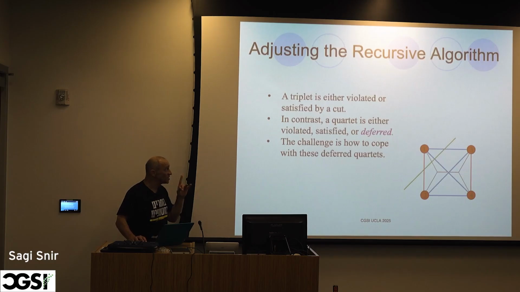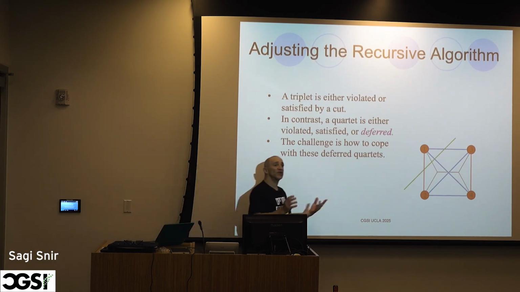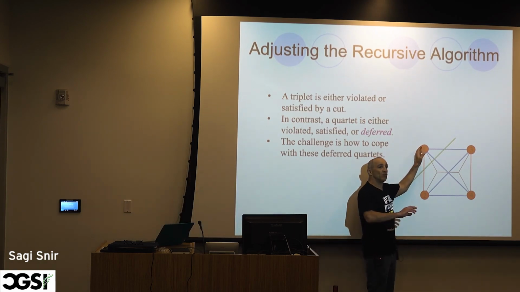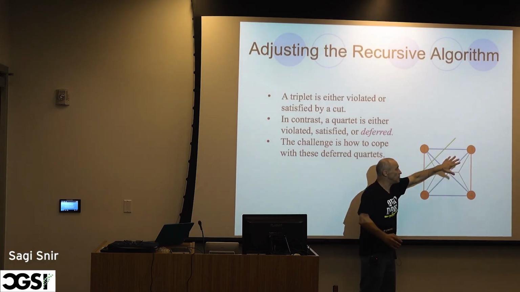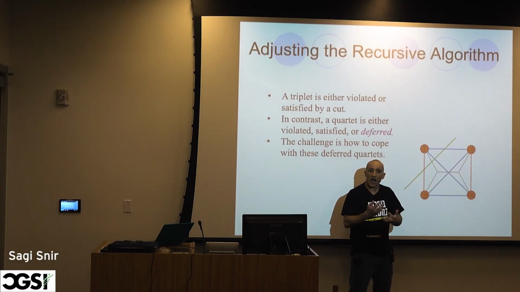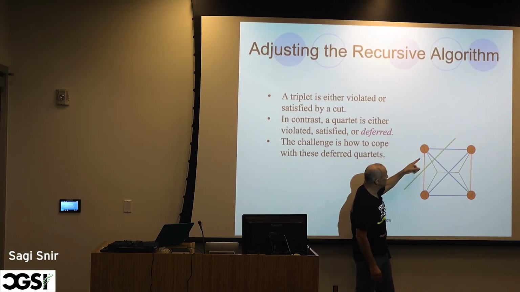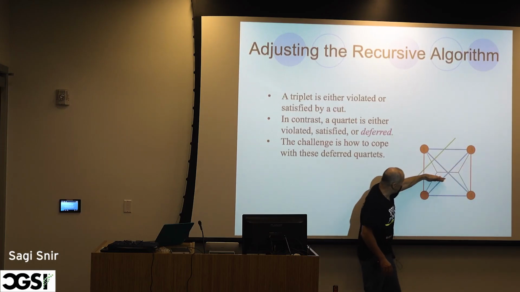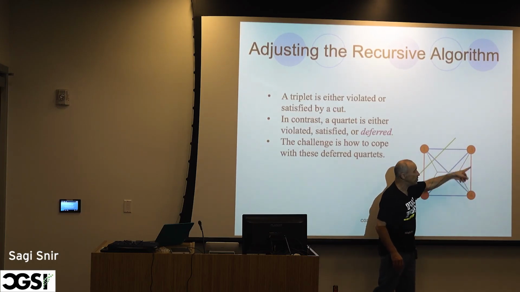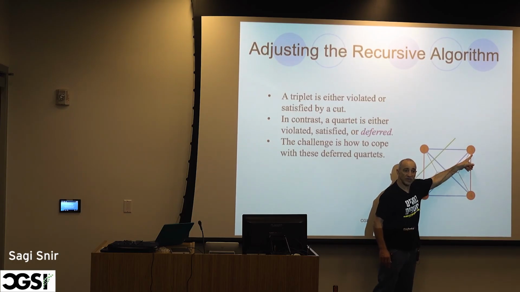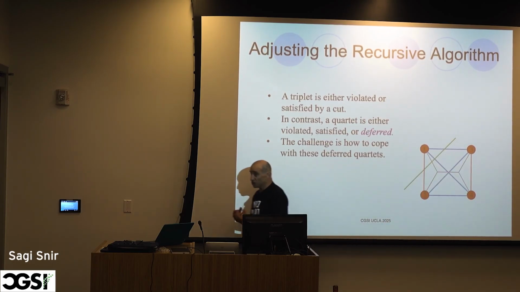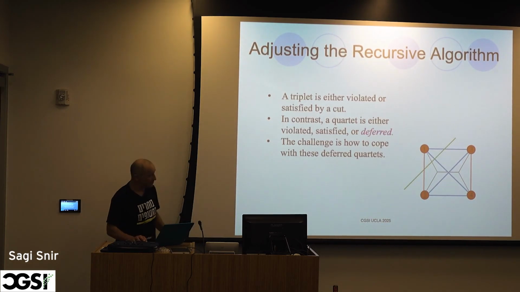The challenge is how to cope with these deferred edges, deferred quartets. Why? Because now we forgot about the quartet. This guy, 1, went to one side and all the 3 to the other side. How can we take care that farther below in the tree, we will still separate between 2 and 4 and 3? This is the challenge we had to cope with.